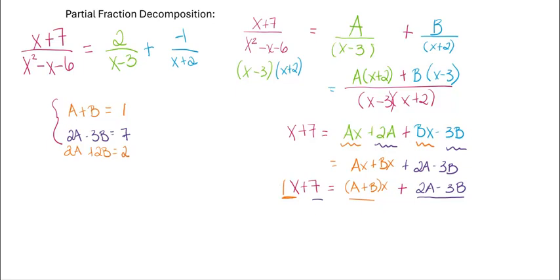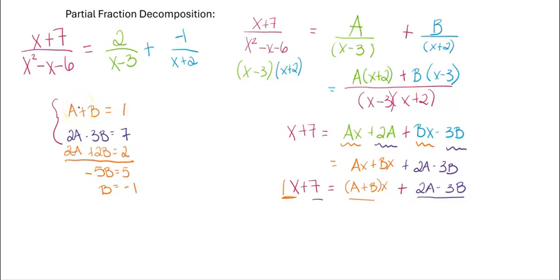And then I'm just going to subtract down. Whoops, sorry. So 2a minus 2a is nothing. Negative 3b minus 2b is negative 5b. And then 7 minus 2 is 5. Therefore, b equals negative 1.